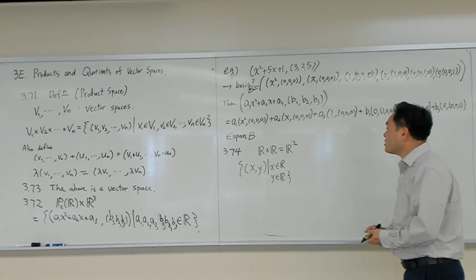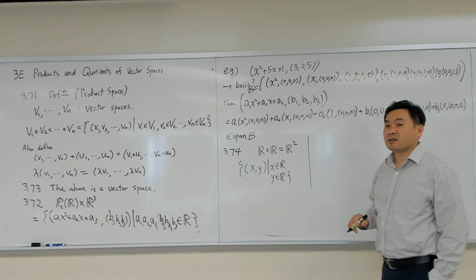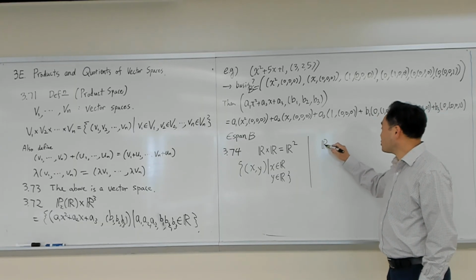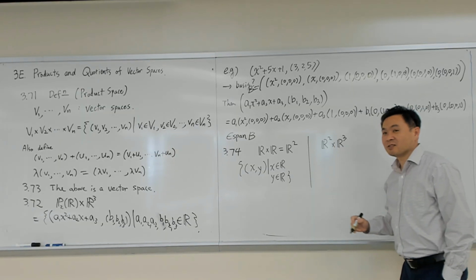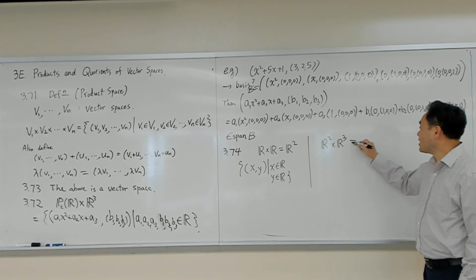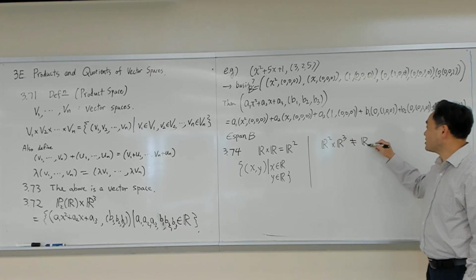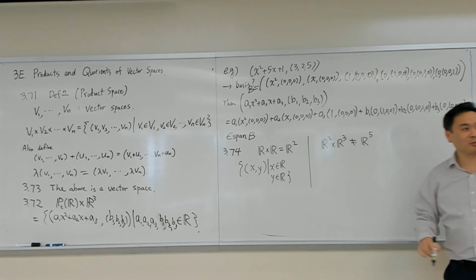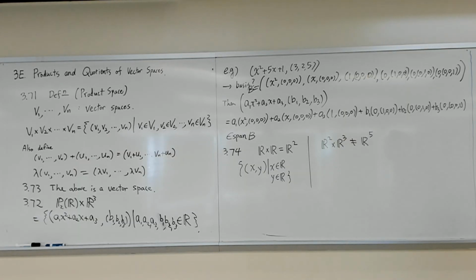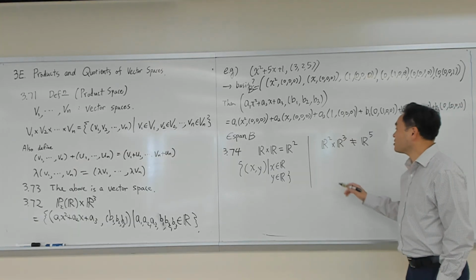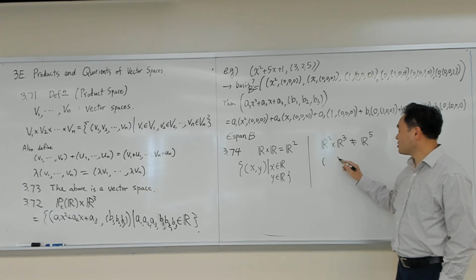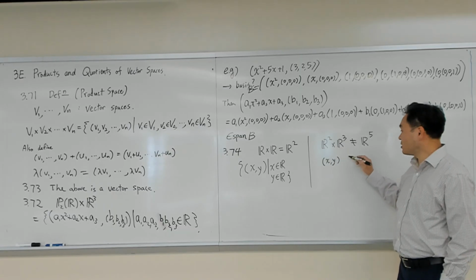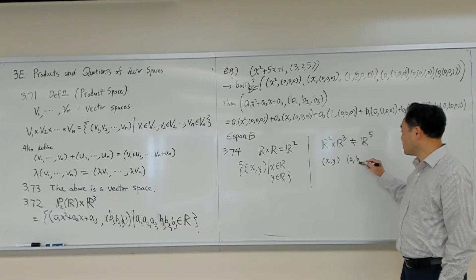Now, on the other hand, if you do R2 cross R3, this is not equal to R5. Now that's a bit strange, but if you write down the definition, then you kind of see why, because what's in R2? R2 is something that looks like x, y, right? What's in R3? That's something that looks like a, b, c, right?